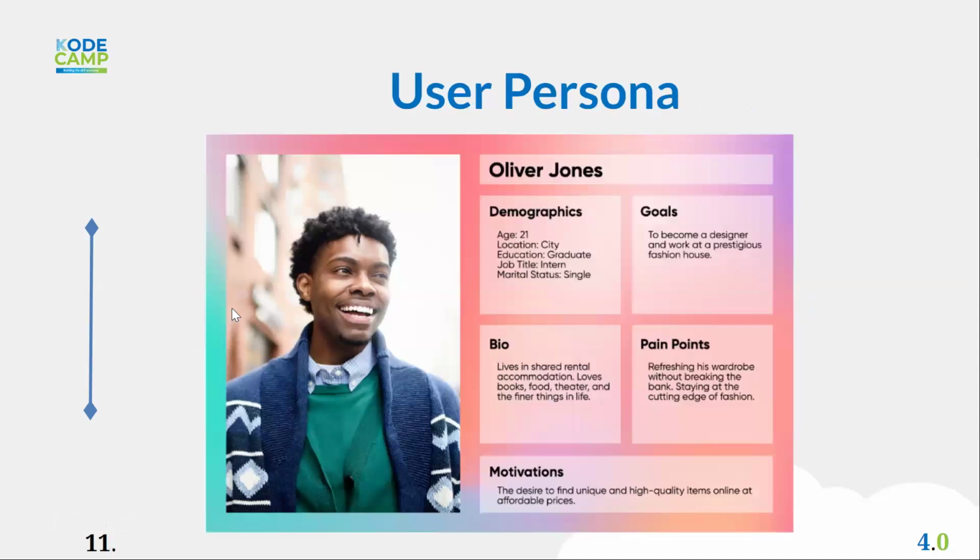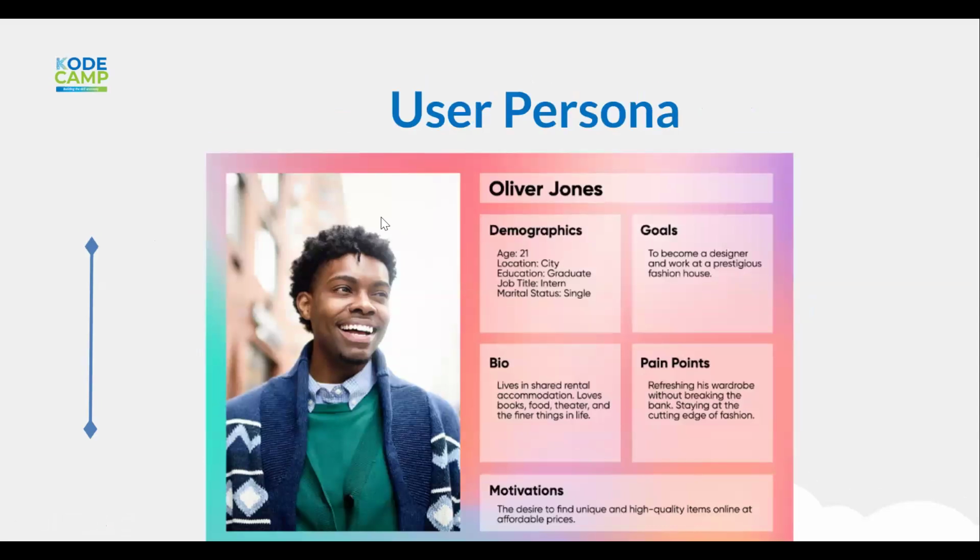So here is a good representation of what a persona looks like. You have a segment of user persona. You have a user whose demographics are: age 21, city, location, education, graduate, job title, intern, marital status, single. His name is Oliver.